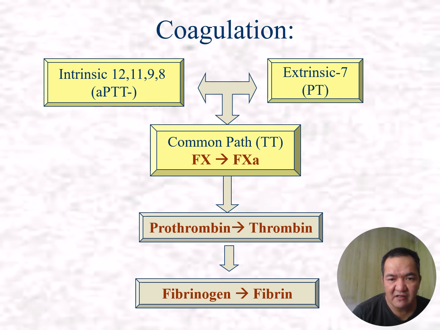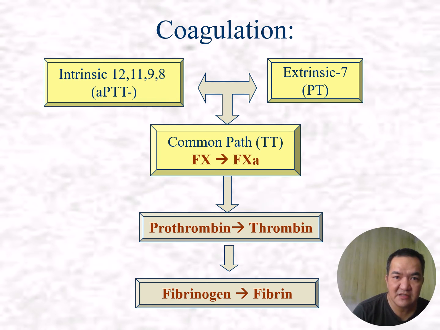After the activation of factor 10, the next clotting factor that will be activated is prothrombin. Prothrombin is clotting factor number 2. And then finally, this will become thrombin. And from thrombin, this will activate fibrinogen, which is clotting factor number 1, to become fibrin.